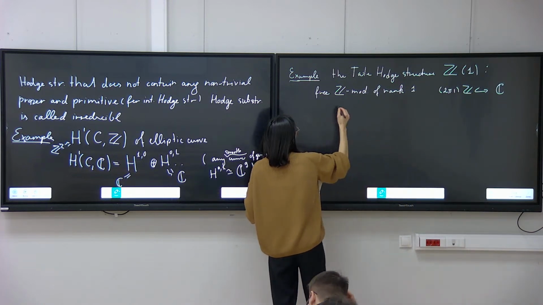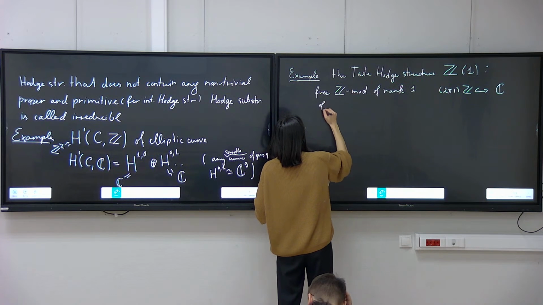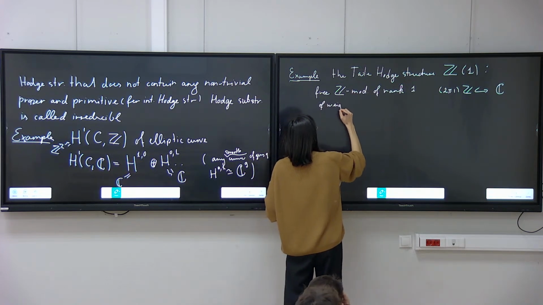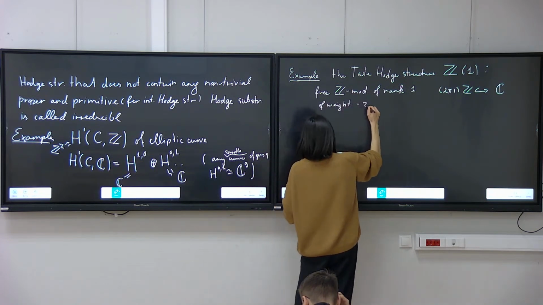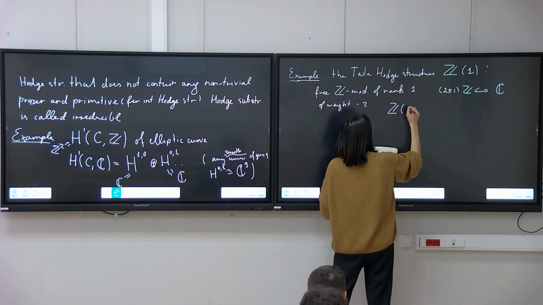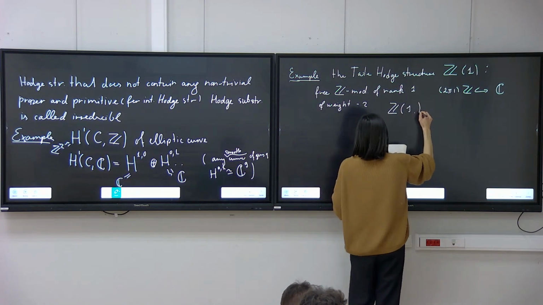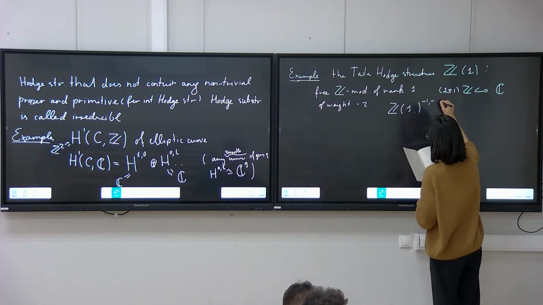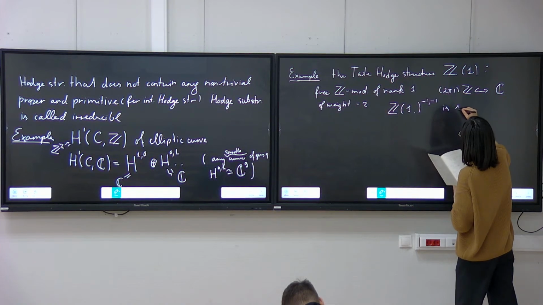Okay, and this is a Hodge structure of weight -2, such that Z(1)^{-1,-1} is one-dimensional.